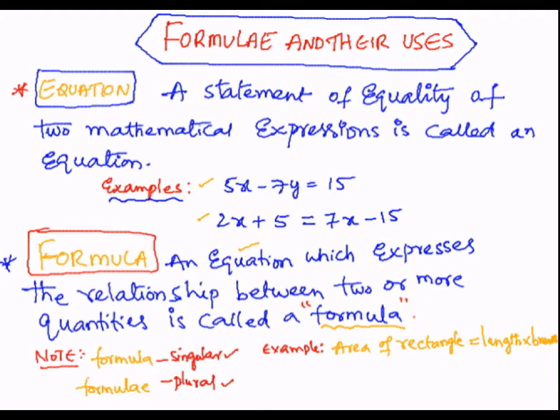Generally, area denoted by capital letter A is equal to length of the rectangle denoted by L into breadth of the rectangle denoted by B.